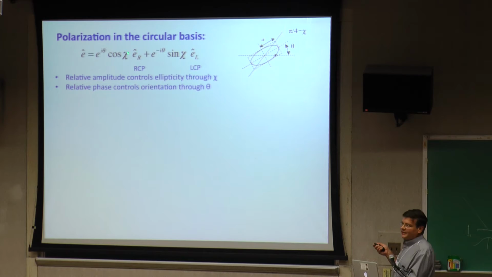And then you all know this, if you superimpose two beams that are right and left circularly polarized, then the ratio of the amplitudes determines the ellipticity of the polarization ellipse, and the relative phase determines the orientation.